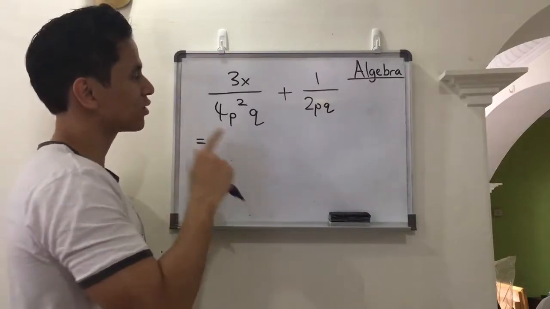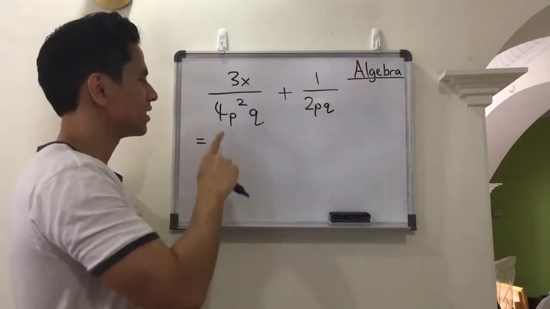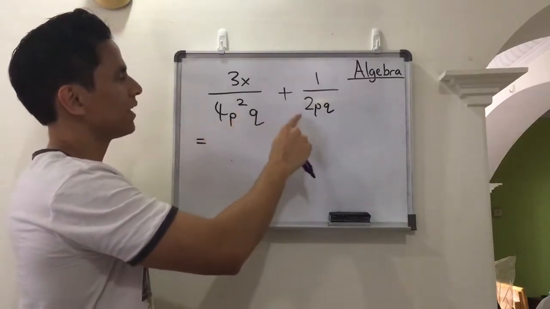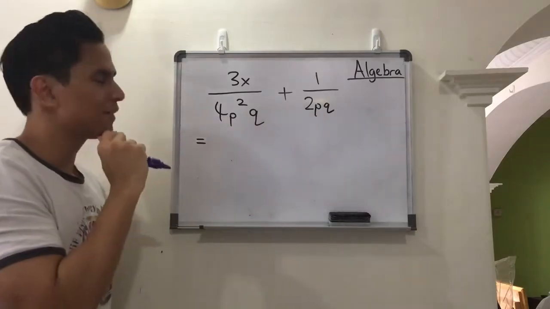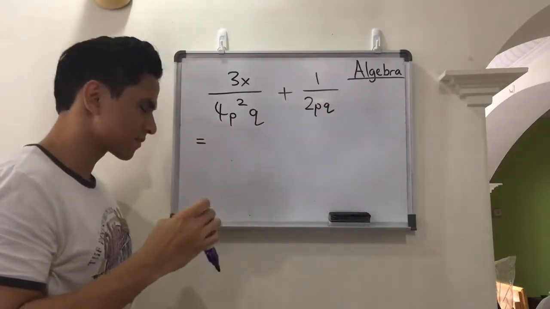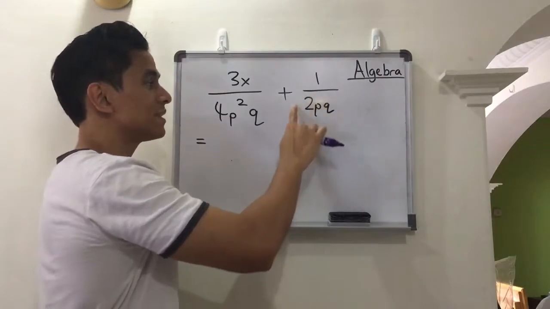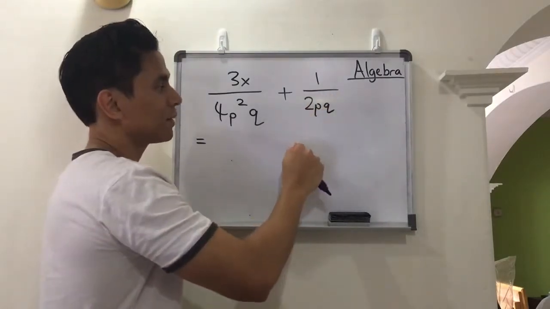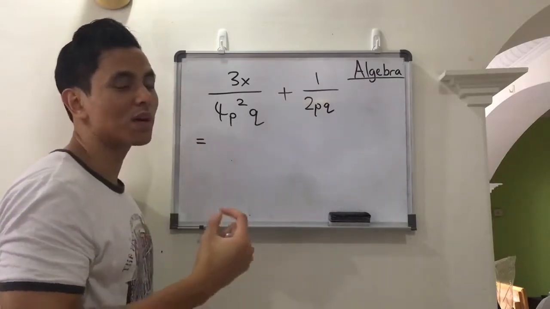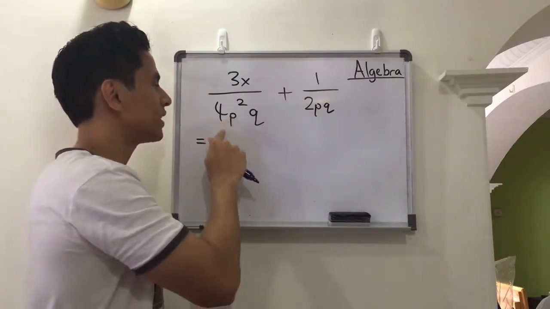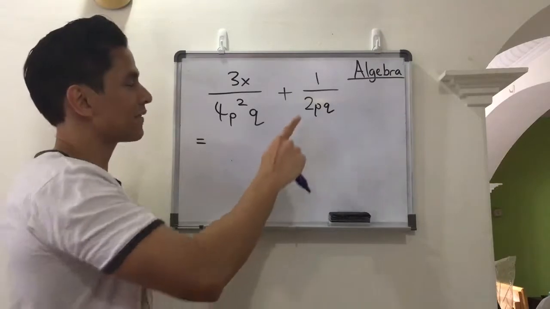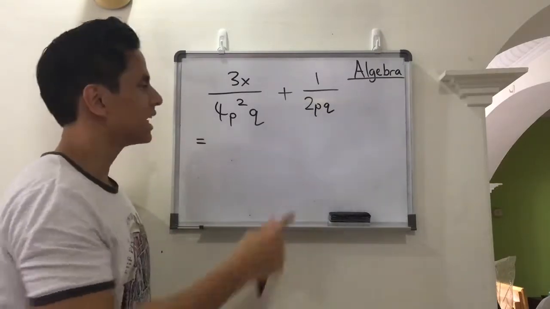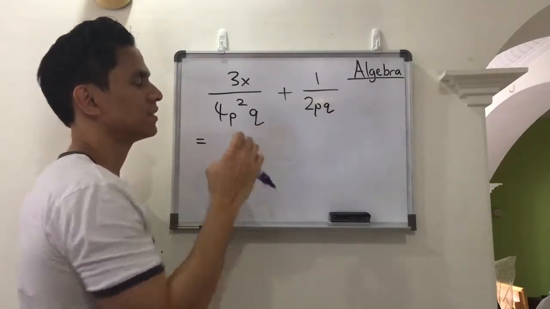And for that, we have to really look closely at the denominators: 4p square q and 2pq. If I took a moment and a pause and I think, if I multiplied this denominator by 2p, what do I get? I would have gotten 4p square q, correct? And that is what we have to really understand. We have to be able to look at this and see that if I multiply this by 2p, I would get the same denominator.